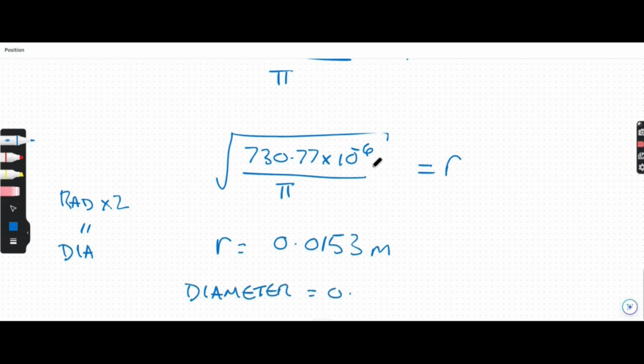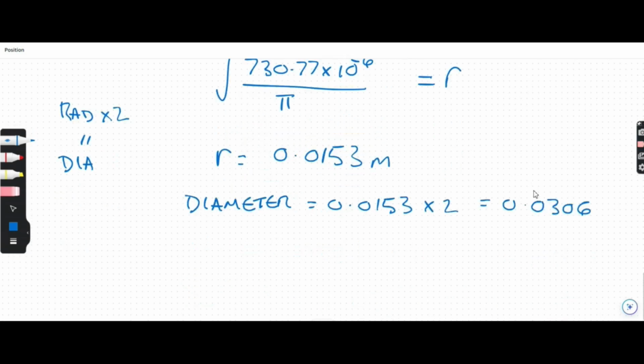So I'm going to go 0.0153 times 2, which gives me 0.036. That's my diameter in meters. That's your answer. And if you want that in millimeters, that equals 30.6 millimeter diameter.